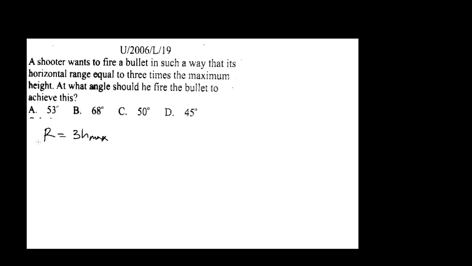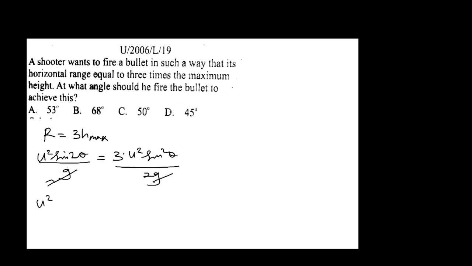You recall the formula for range is u squared sine 2 theta all over g, and the maximum height is u squared sine squared theta all over 2g. So 3 multiplied by the maximum height formula, and g and g can cancel there. If g and g cancel, we are left with u squared.